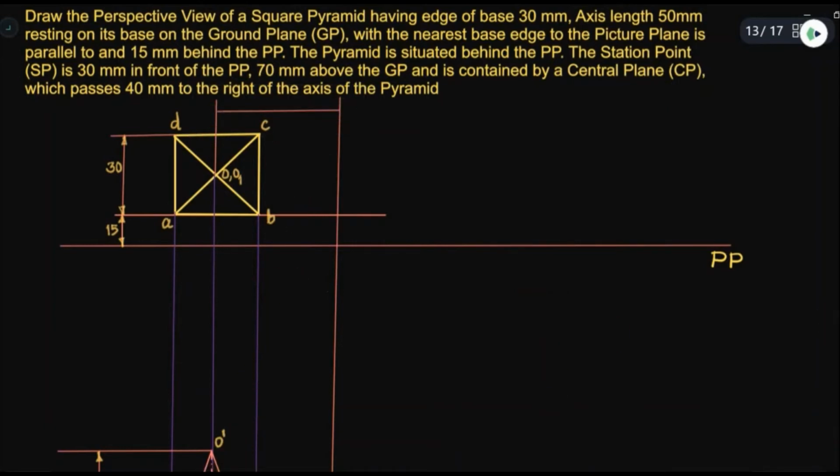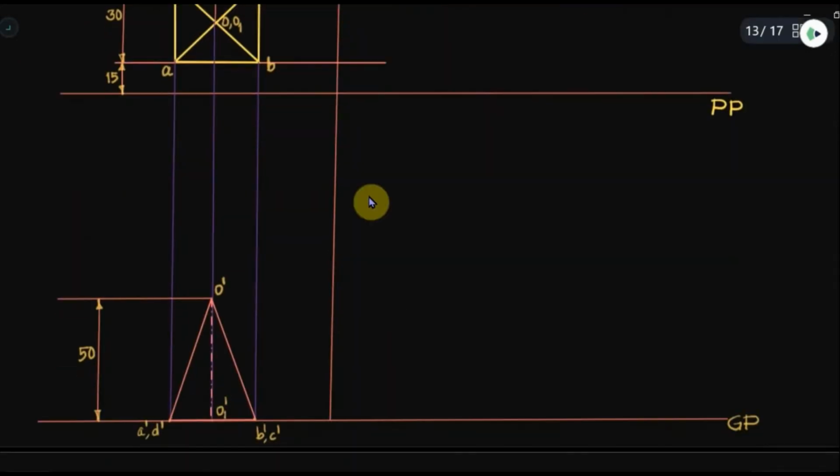So here we will mark the distance 40 mm. So 40 mm to the right of the axis of the pyramid, we have the location of the central plane. So this is 40 mm. And the CP line has to be marked very clearly. So let's write CP. See the entire vertical line from top to bottom, that represents the CP line.